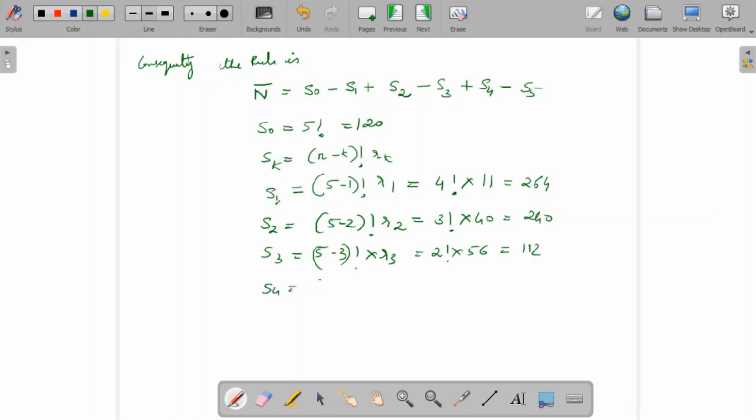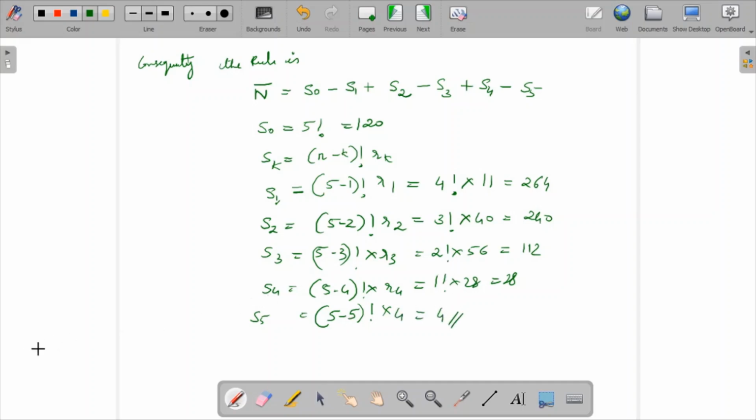S4 is 5 minus 4 factorial into R4, that is 1 factorial into 28, which gives just 28. S5 is 5 minus 5 factorial into R5. 0 factorial is 1, so the answer is 4.